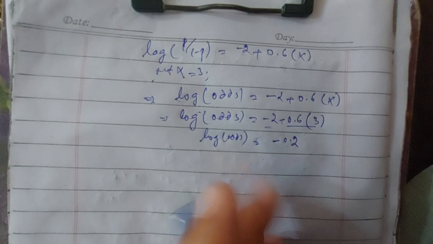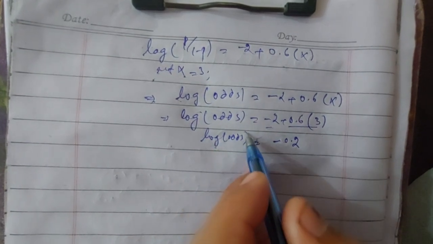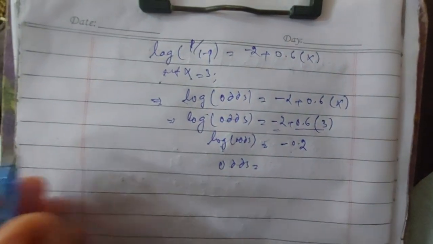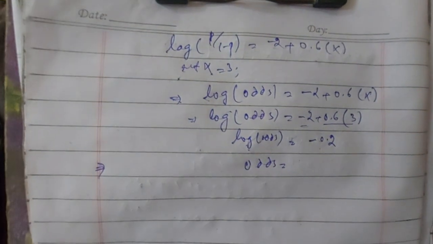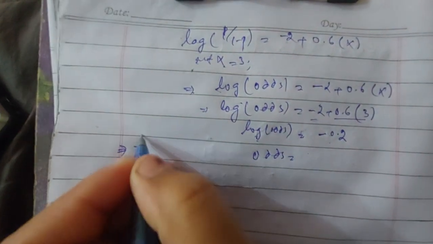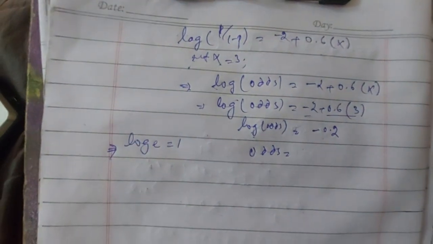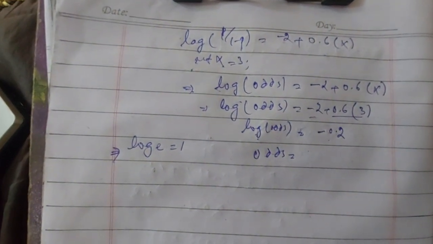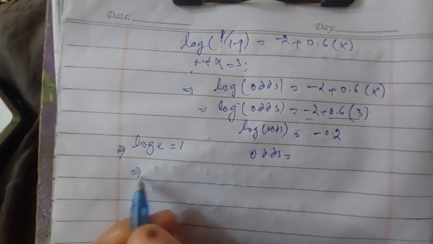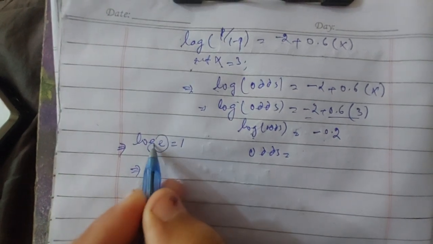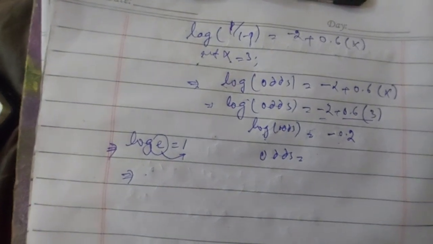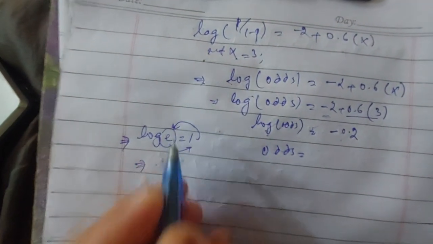So what we do is we shift this log from this direction to the other. We know that log of e is equal to 1. Using this relationship, we can shift this e to this direction, and this to the other direction.